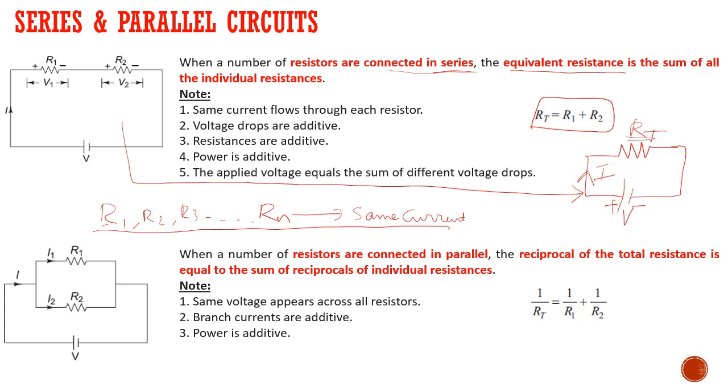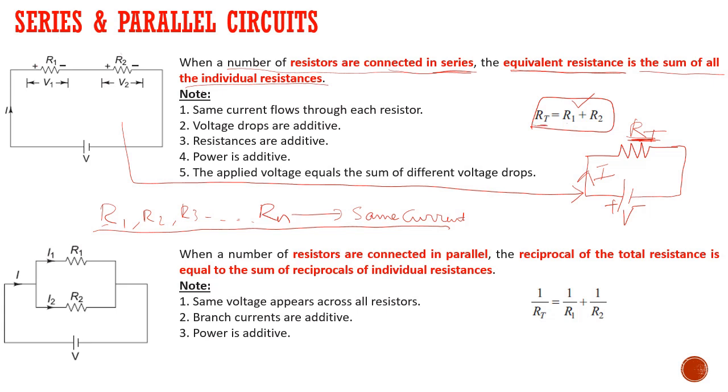And this resistance can be calculated like this. This is the basic rule. When a number of resistors are connected in series, the equivalent resistance, which means total resistance, is the sum of all individual resistances. For two resistors connected in series, the sum R1 plus R2 will be the total resistance.